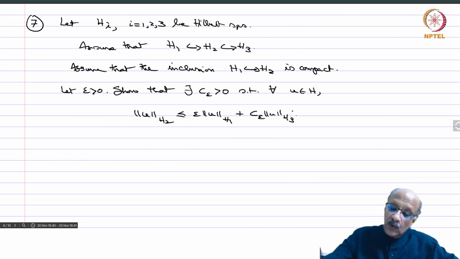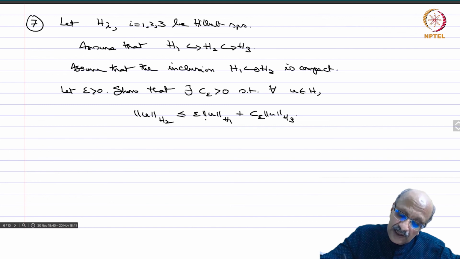Such inequalities are very useful in the study of partial differential equations, and the compactness helps you to get, for any small epsilon you can put here, and then you compensate it by putting a big constant here for the other function. Okay. So this is the solution.